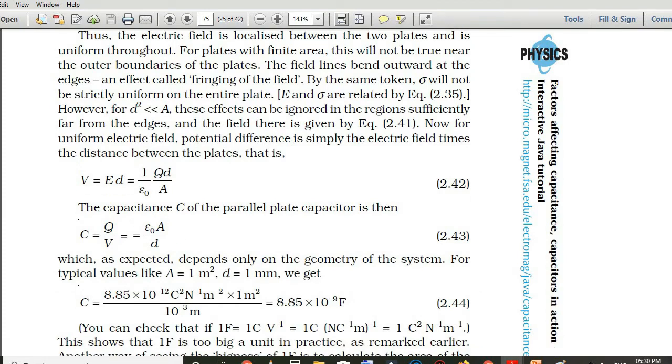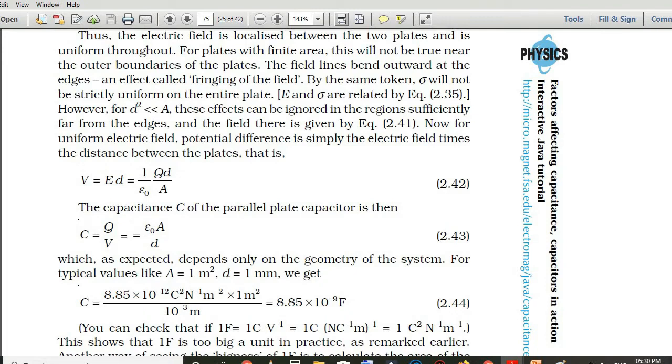Last day we studied an equation for the capacitance of a capacitor. C is equal to Q by V. Now we got an equation, epsilon 0 A divided by D. We already know what epsilon 0 is. It is the permittivity of free space, a factor related with the space in between the parallel plates.